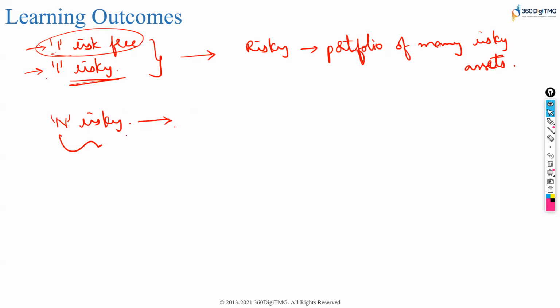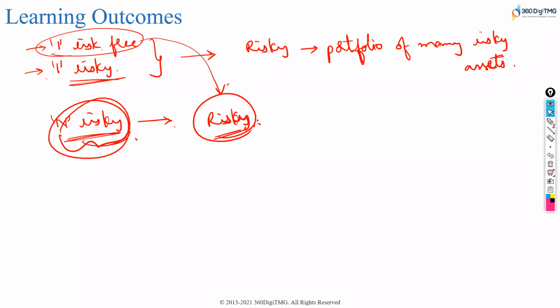Once I can do this, I'm going to, in some way, mash down all the n risky assets into one risky asset. If I can do that successfully, then I can bring in my risk-free friend and then we can combine these, right?